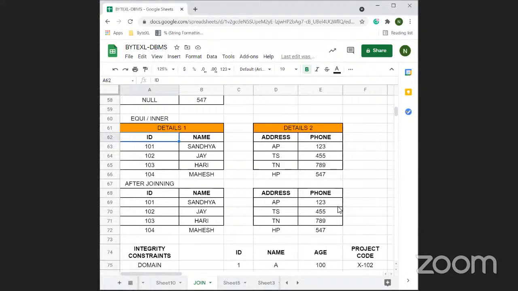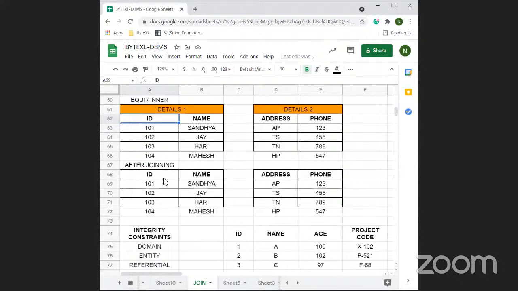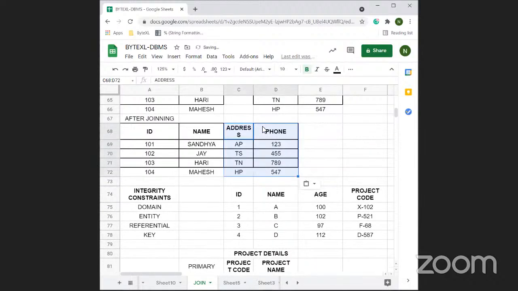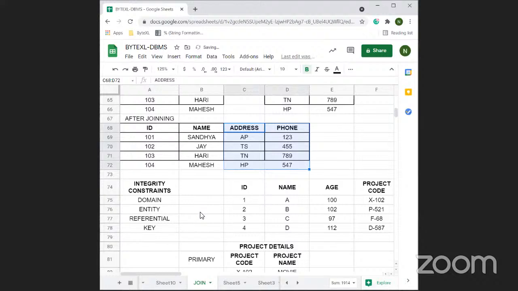If common values are there, based on those common values, table will be joined, or else generally table is joined directly. As you can see in the output, we have entire first table values, we have entire second table values. This can be here as well. This is the inner join.